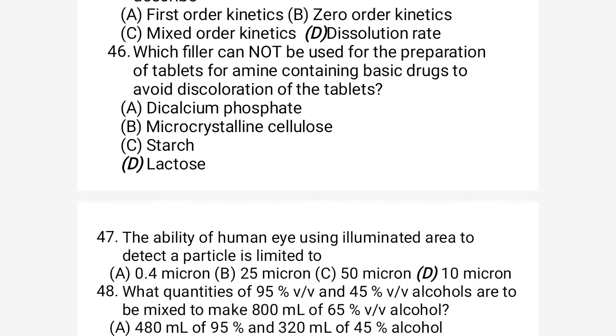Lactose can react with amines or basic molecules, and it forms a colored substance when it reacts with a basic compound or amino group containing compounds.